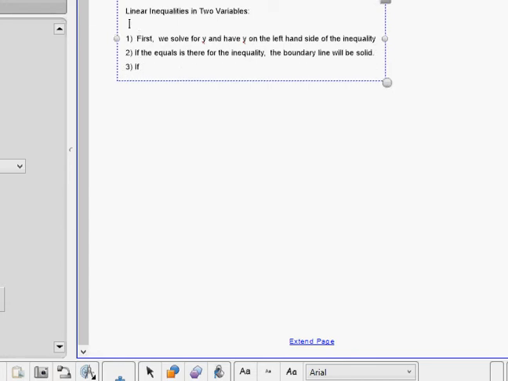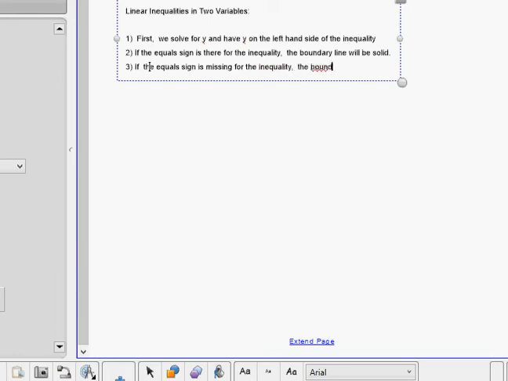If the equal sign is missing for the inequality, the boundary line will be dotted.